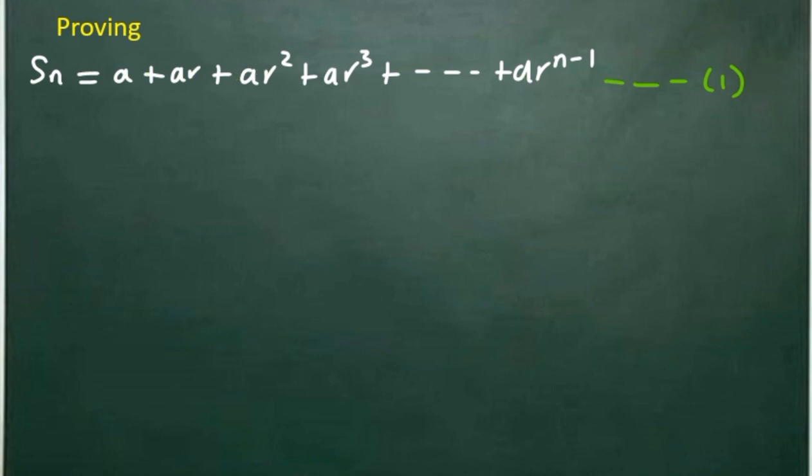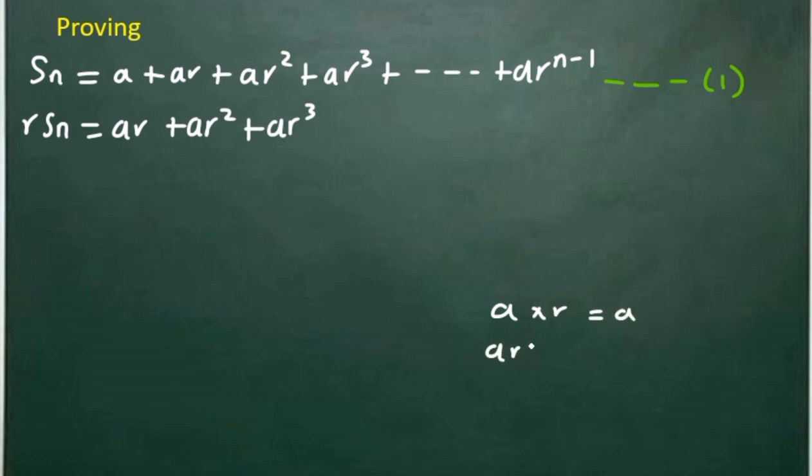Now if I multiply equation 1 by the common ratio r, I'm going to have r times Sn equals ar plus ar squared plus ar cubed. Basically what I'm doing is a times r, which gives me ar, and ar times r gives ar squared.